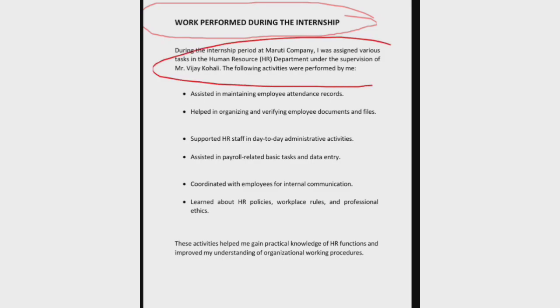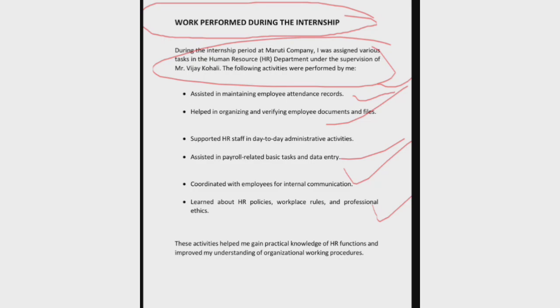The first is, I assisted in maintaining employee attendance records, and second, I helped in organizing and verifying employee documents and files, supported HR staff in day-to-day work and assisted in basic payroll-related tasks, and also coordinated with employees for internal communication. The tasks done by you can be written here.